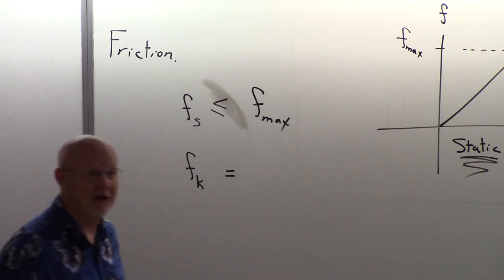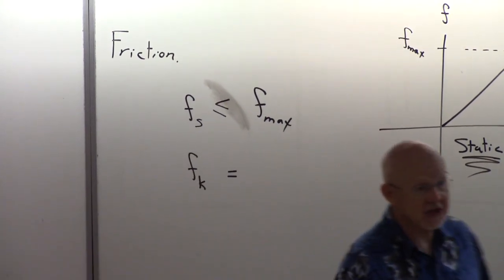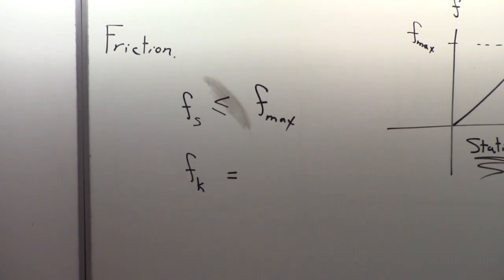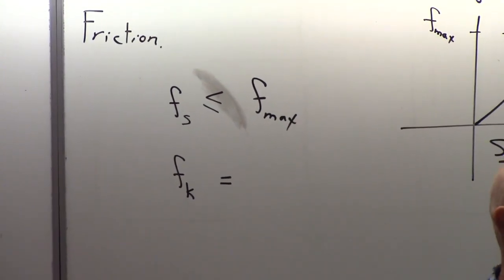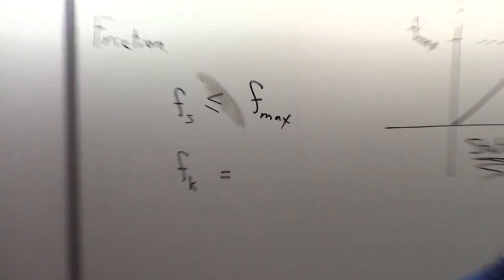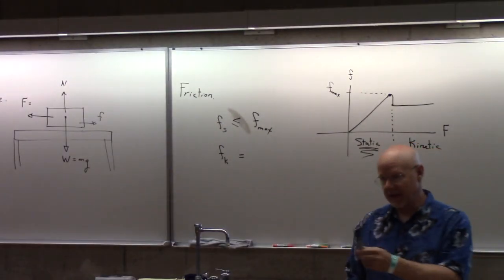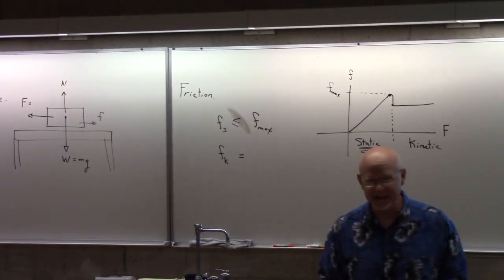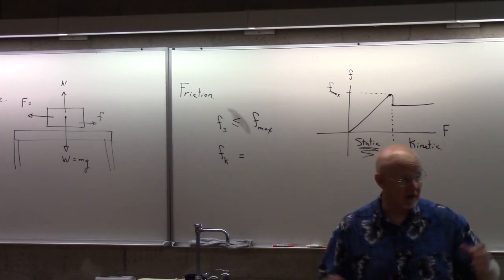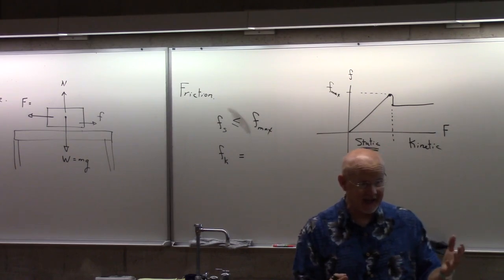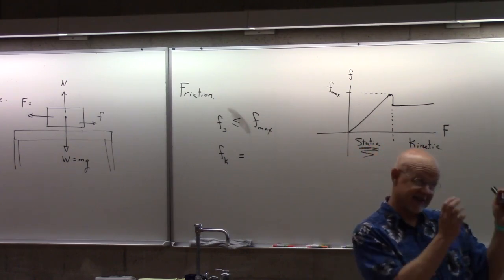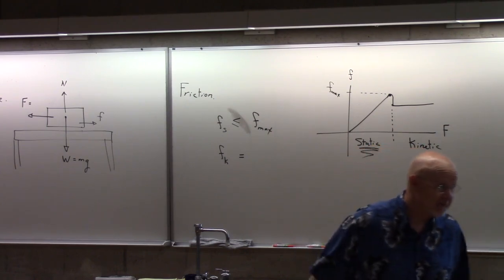And that you're going to appreciate. And that means if it was sliding at a slow speed or a fast speed or a medium speed, it's just equal to some value. And that is much more useful. That I can say, hey, the friction is 7. It's going fast. So what? It's 7. It's going slow. So what? It's 7. As long as it's sliding, I have a constant value.